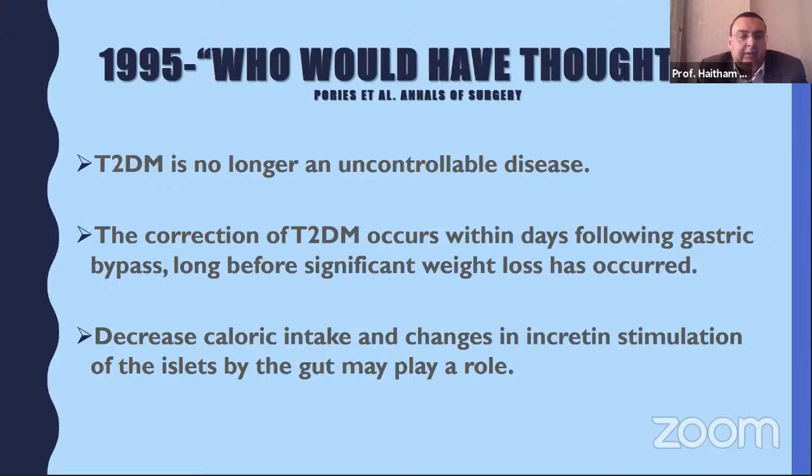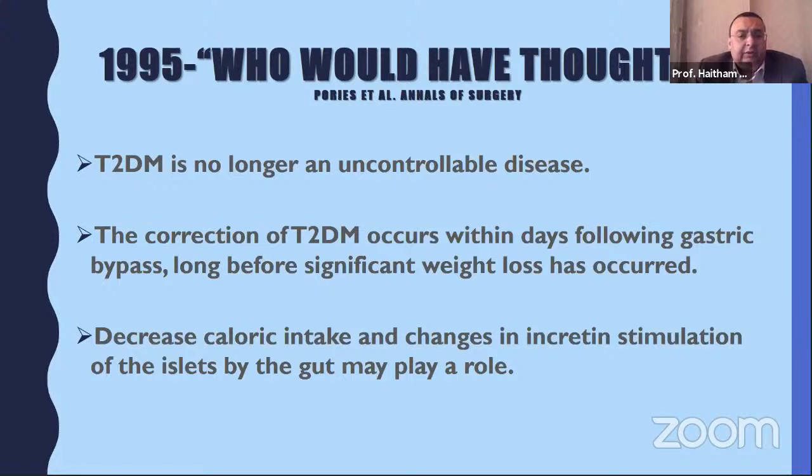After Roux-en-Y gastric bypass, a significant correction of type 2 diabetes occurs in these patients without significant weight loss occurring. And he proposes that the decreased caloric intake together with changes in hormones called the incretins may play a role.